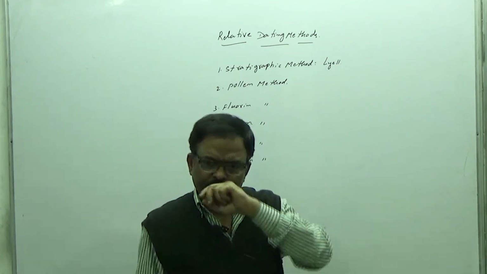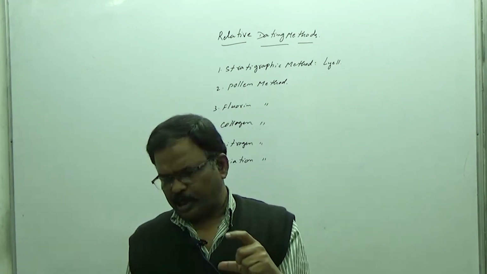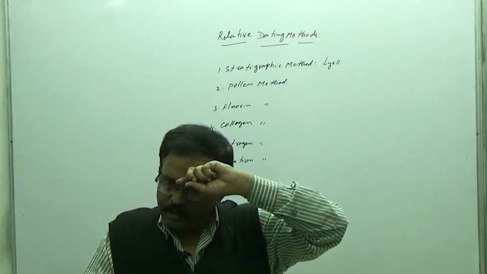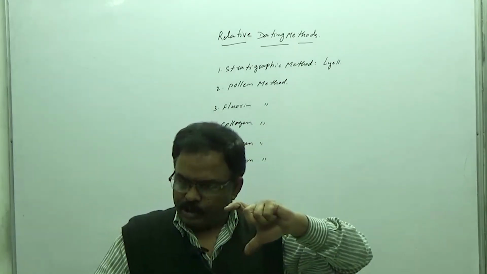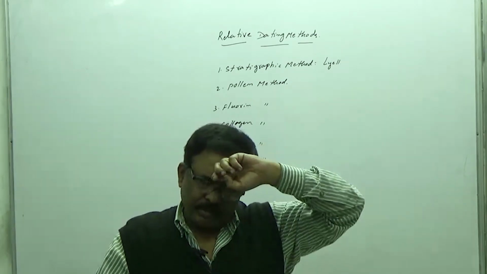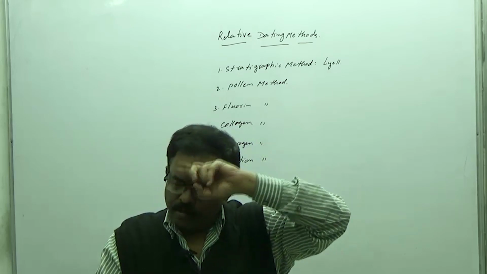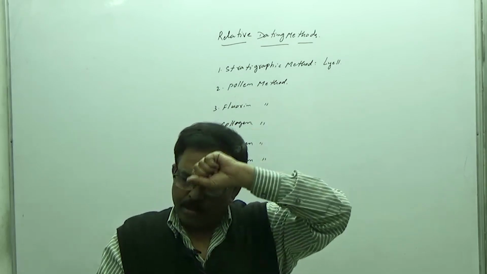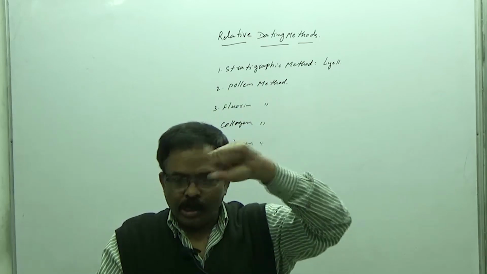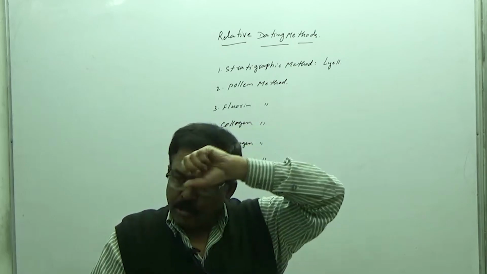Why? What is the reason? Absolute dating methods have a lot of limitations. They have maximum limitations. What are those? Varve method is applicable only for the glacial region. Dendrochronology method is useful only for wooden monuments.